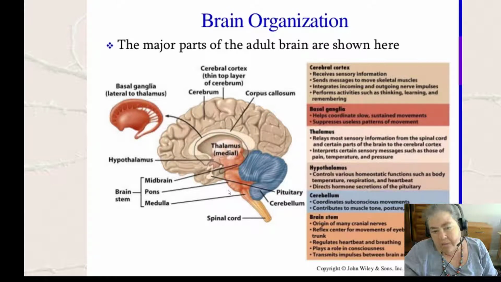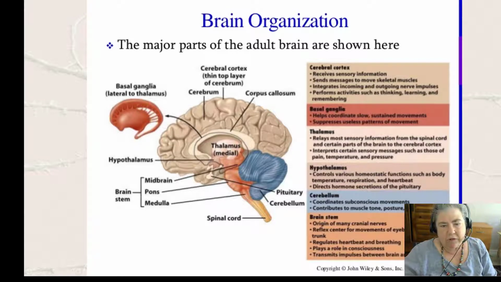And it's also, as I've said before, the structure through which tracts, bundles of axons, pass to and from the brain. So, from sensory input through the spinal cord into the brain to the thalamus, and motor information coming out and down the spinal cord to the lower motor neuron and the neuromuscular junction.